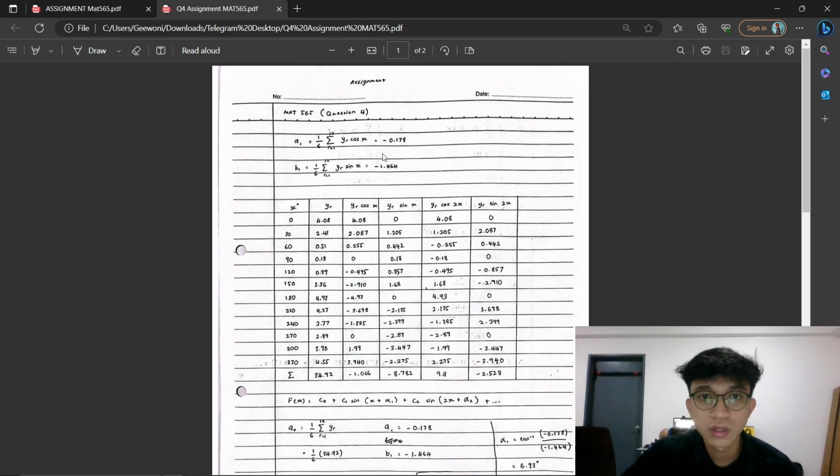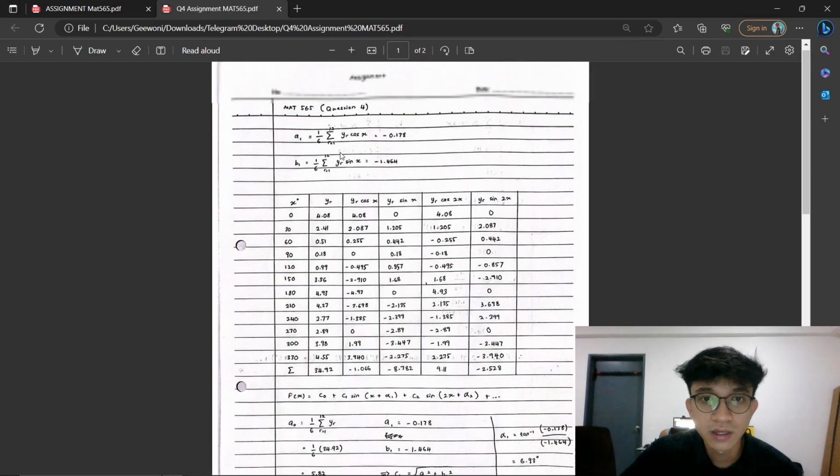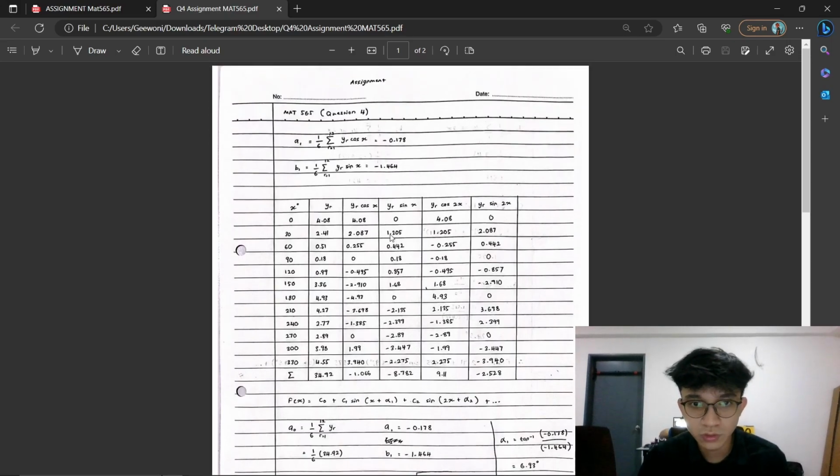So this is the general equation before we can obtain these values. But the question itself already gave the values, so we don't need to use this equation. This is just for our information. Next, we have to form a table starting from x degrees and ending at y_r sin 2x.